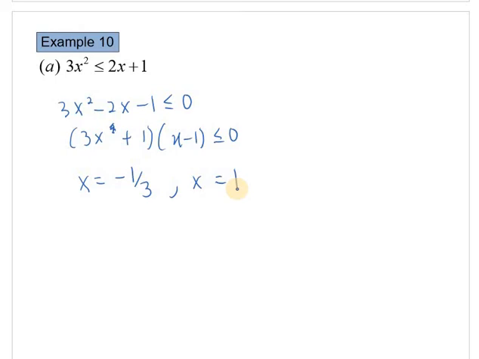Okay, so by using these critical values, we need to draw the table. First we need to draw the number line to represent the critical values, which are negative 1 over 3 and 1 in ascending order. After that, we have an empty circle because we have less than or equal to.